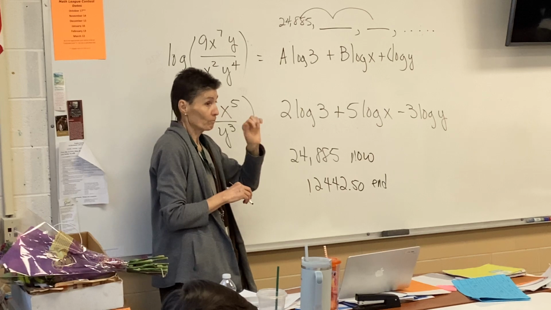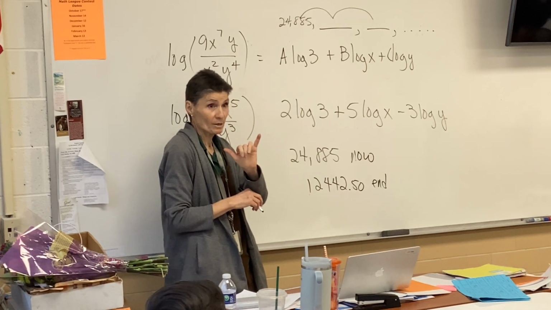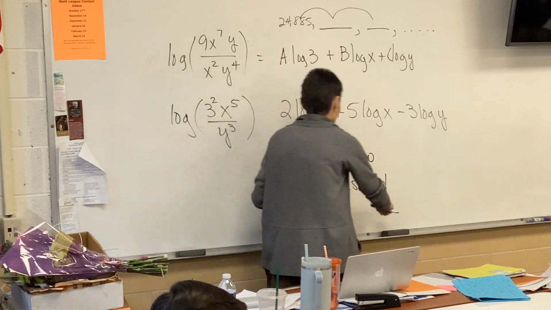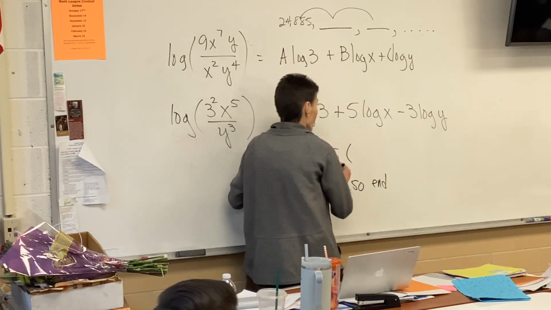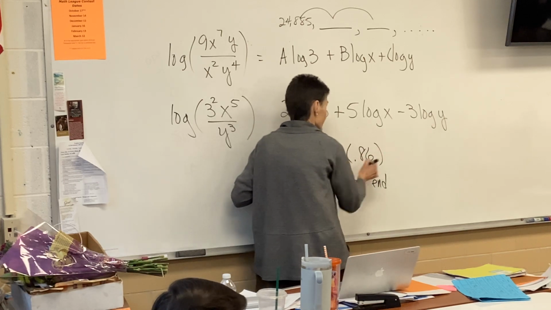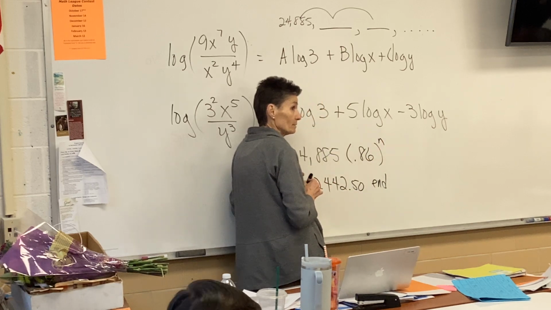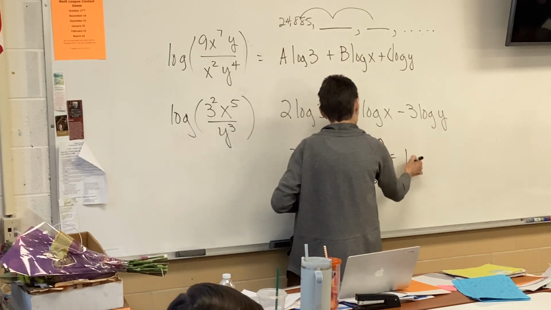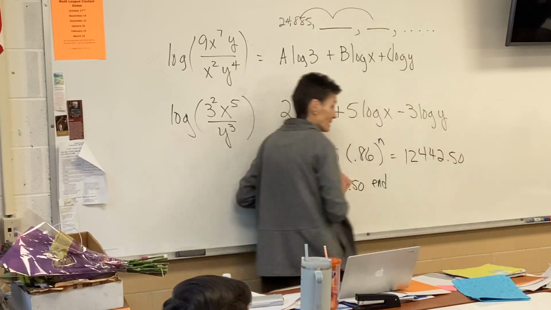So remember, 14 is what you're losing, 86 is what you're keeping. So we're gonna take this 24,000 number, we're gonna multiply it by 0.86 a certain number of times, and we're gonna end up with this. Does that logic make sense to you?